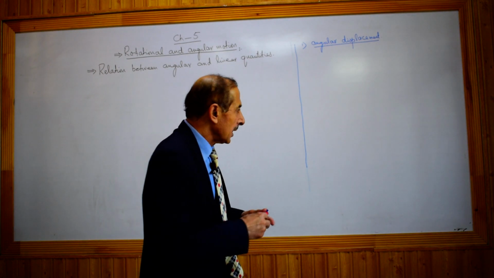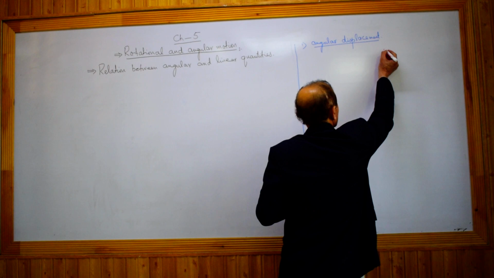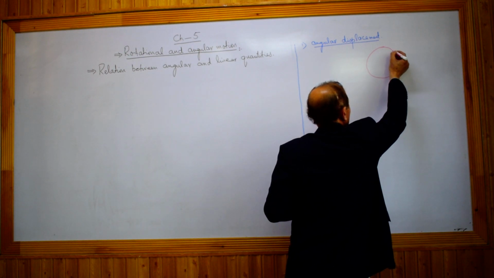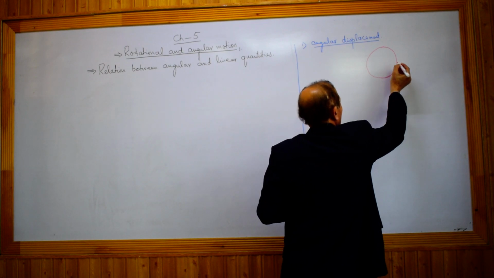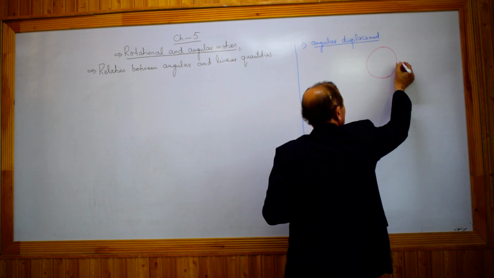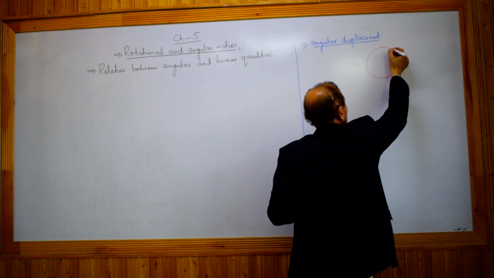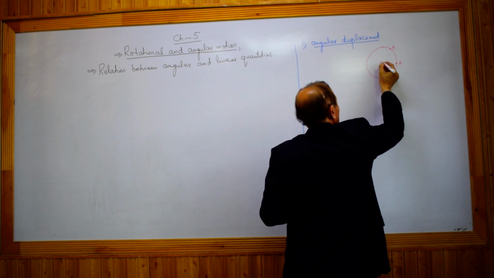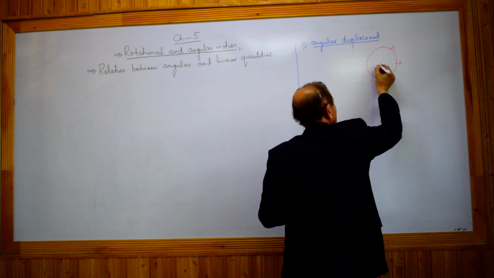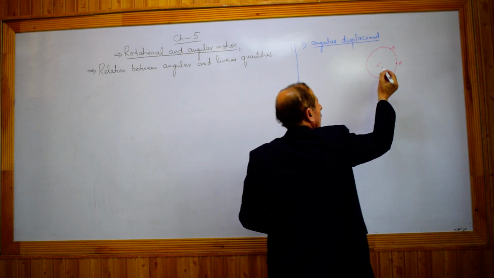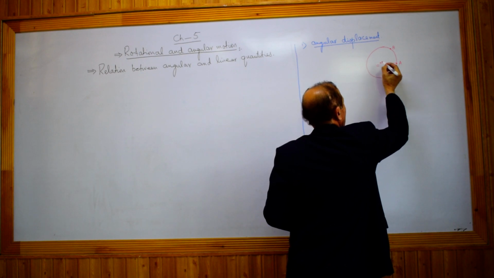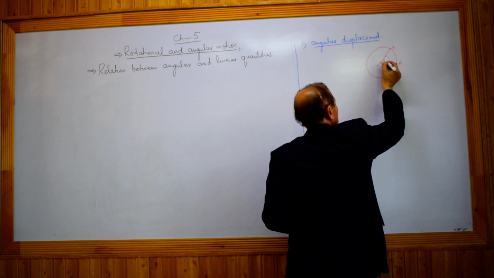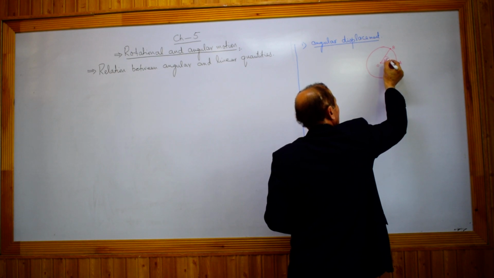Suppose a body is moving along a circular path from point A to point B. So the angle subtended at the center of the circle O is known as angular displacement, and it is represented by theta, delta theta.